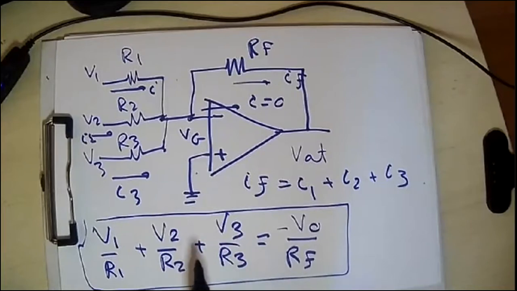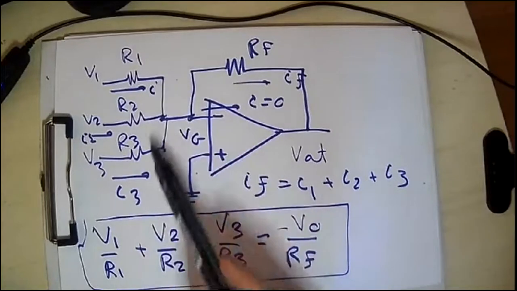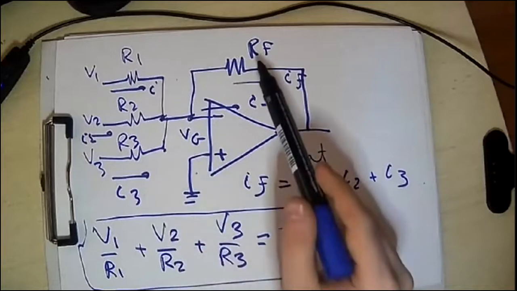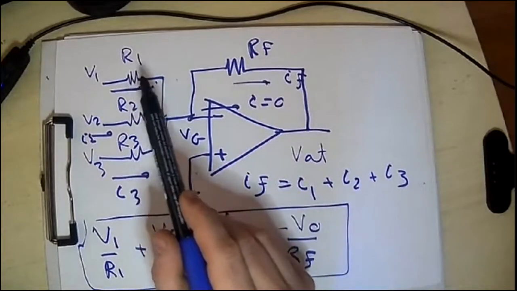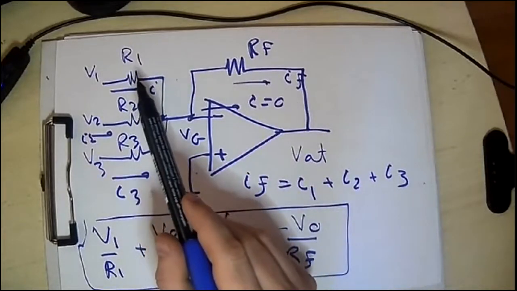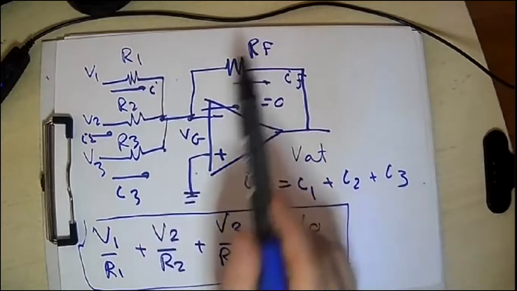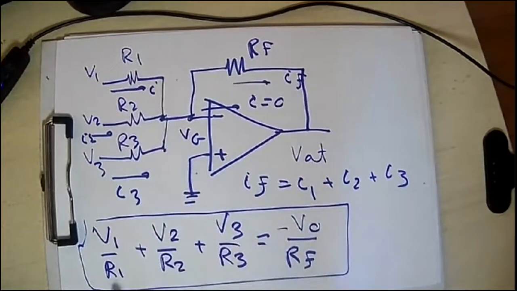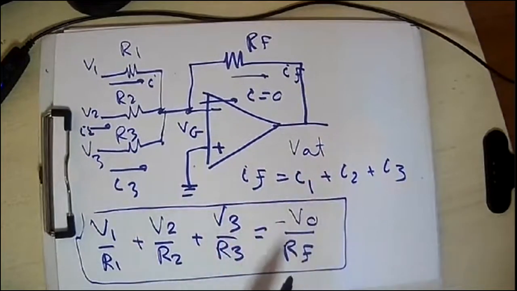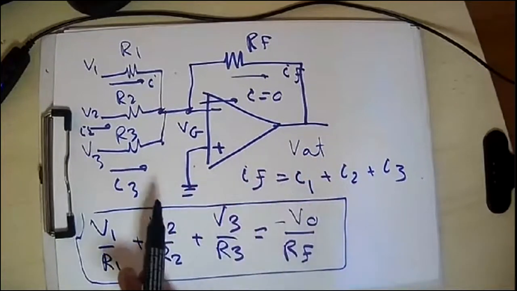So you are multiplying each input voltage by a weight equal to RF over its own resistance, and then multiplying this with the value of the input. That's why we call it a weighted summer or weighted adder circuit, because you make this addition with a certain weight.